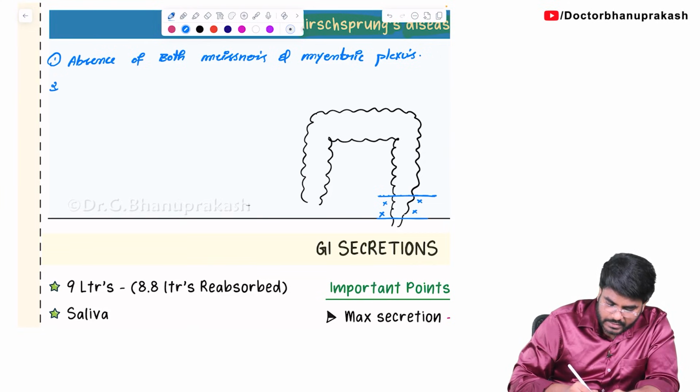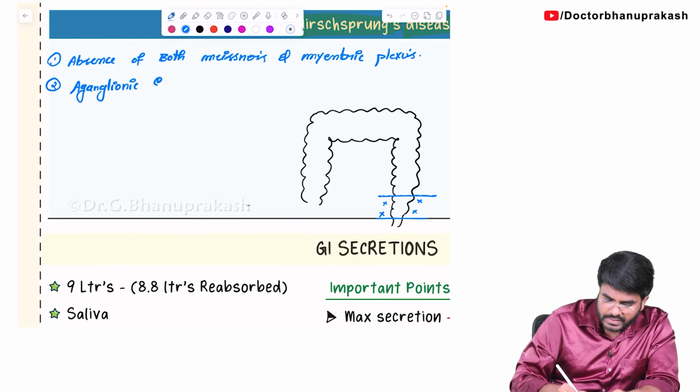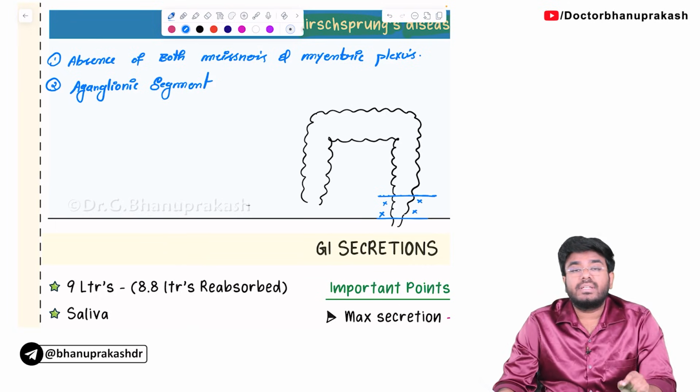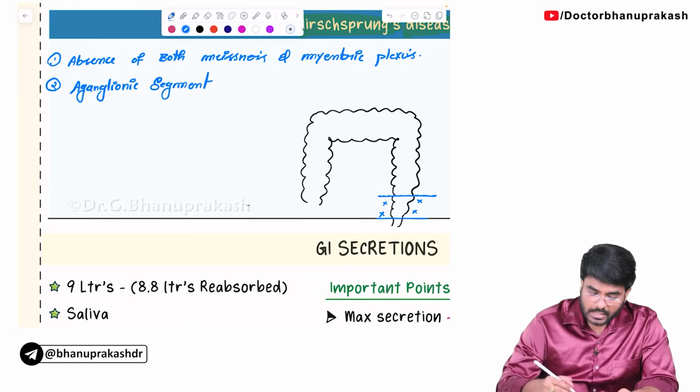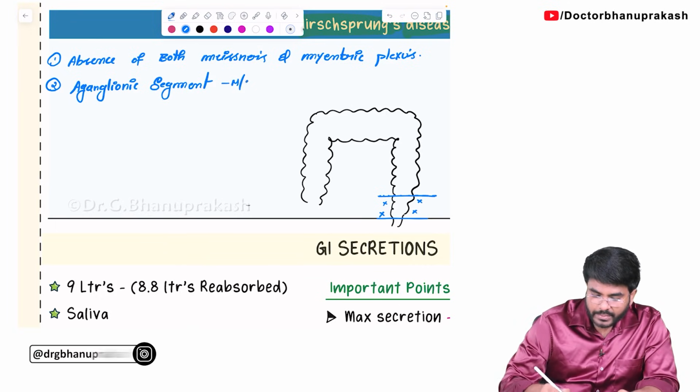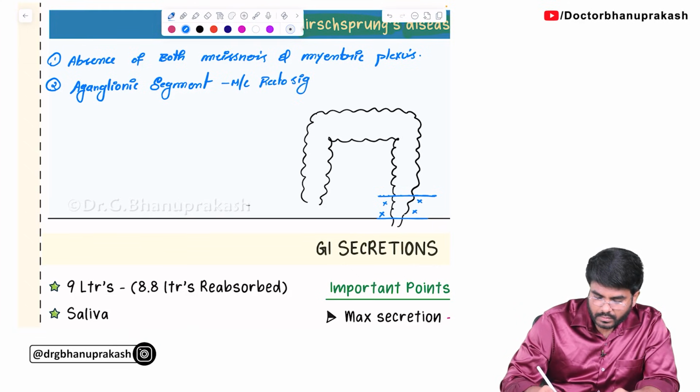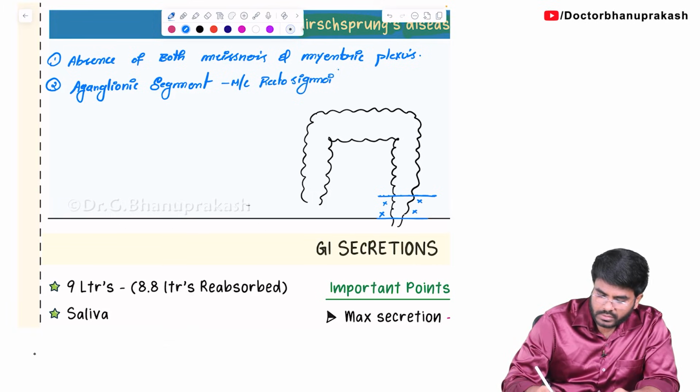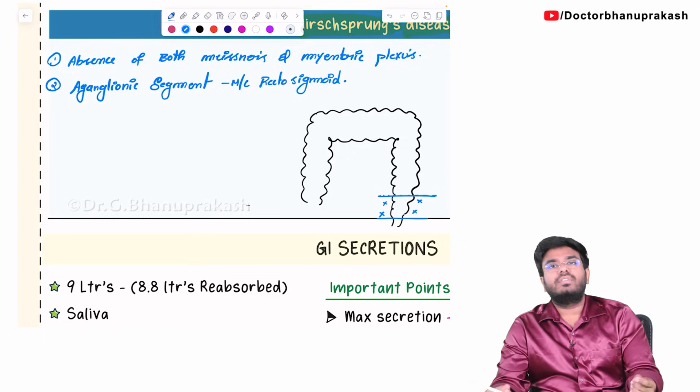What is the name of the segment? Aganglionic segment. In the aganglionic segment there is absence of both Meissner's plexus and enteric plexus. And what is the most common site of this aganglionic segment? Rectosigmoid area. Now tell me, what will happen?